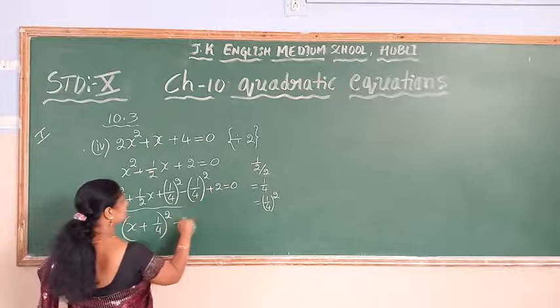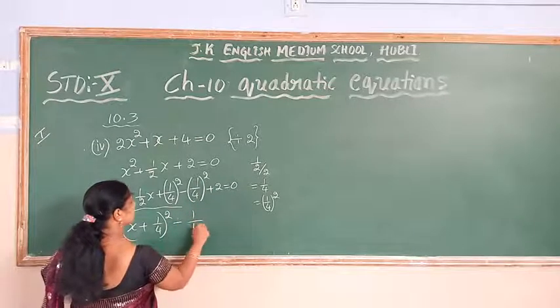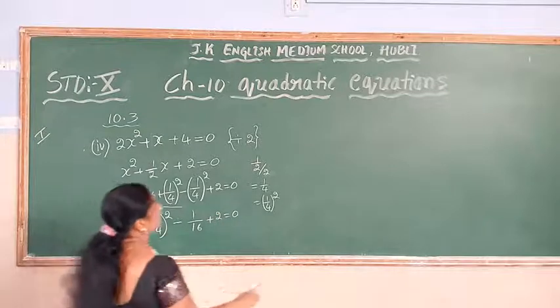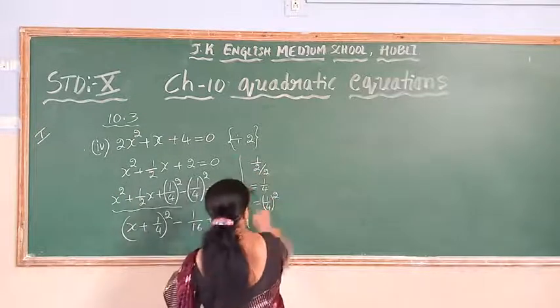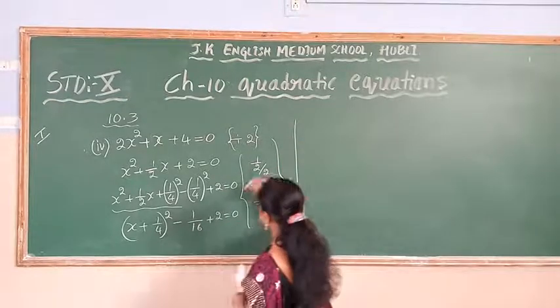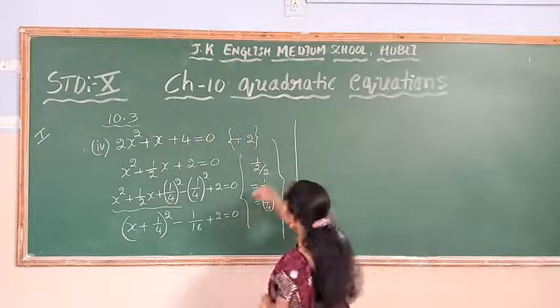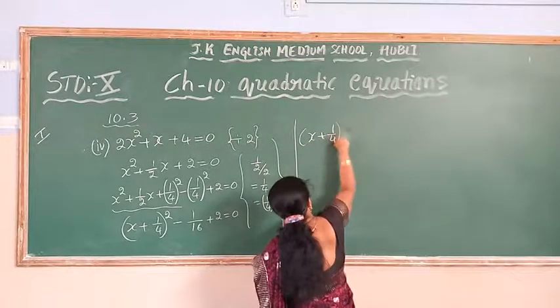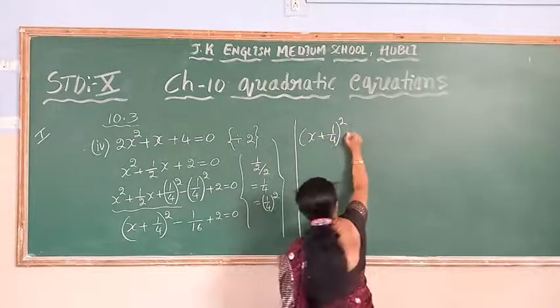If I simplify this, minus 1 by 16 plus 2 is equal to 0.